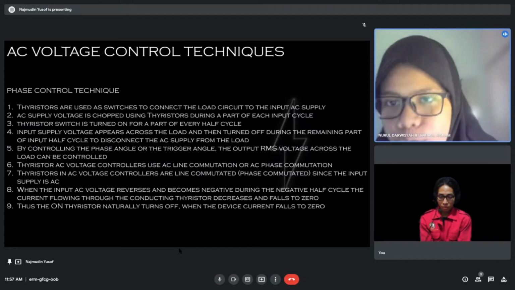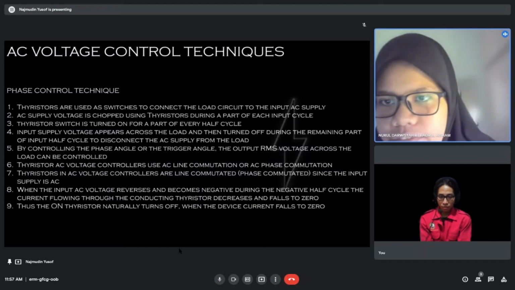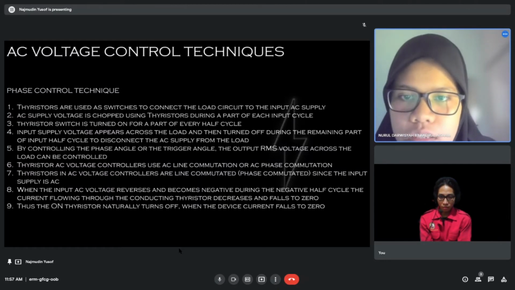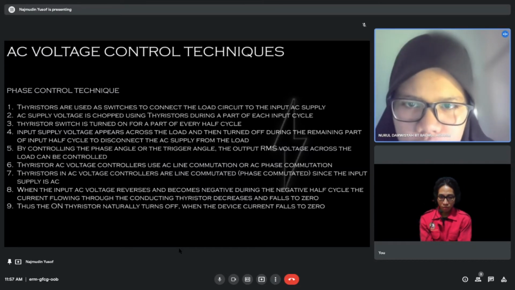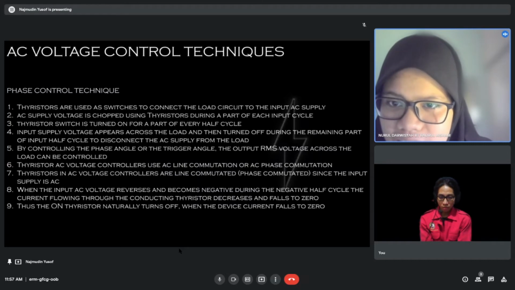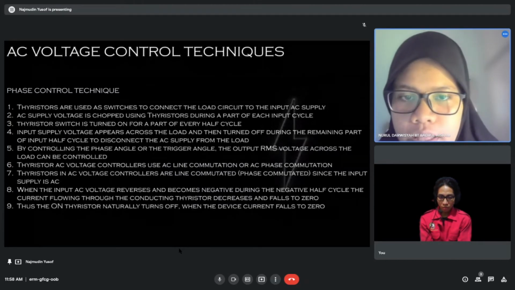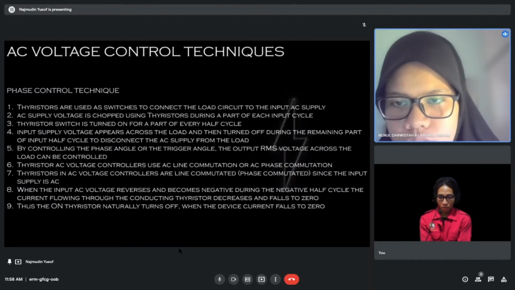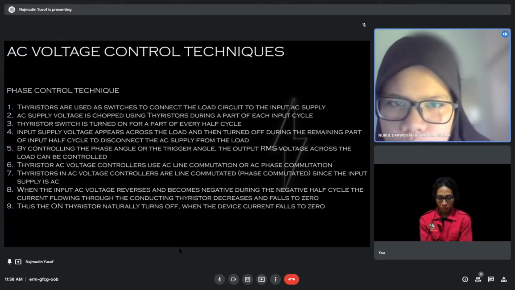When the input AC voltage reverses and becomes negative during the negative half cycle, the current flowing through the conducting transistor decreases and falls to zero. 9. Thus, the on transistor naturally turns off when the device current falls to zero.